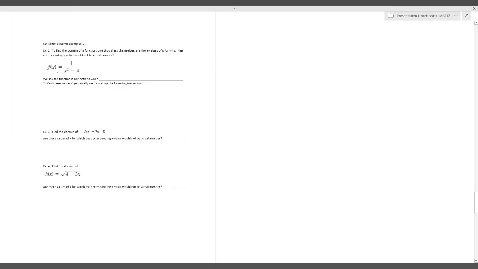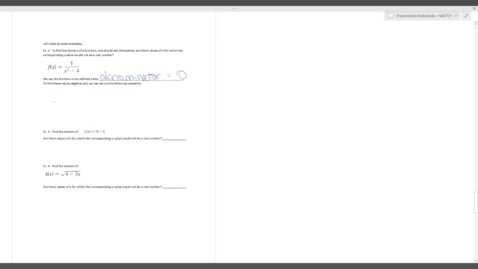Now, in this case, when we're looking at this example here, we have f of x equal to 1 over x squared minus 4. This function is not defined when the denominator equals 0.